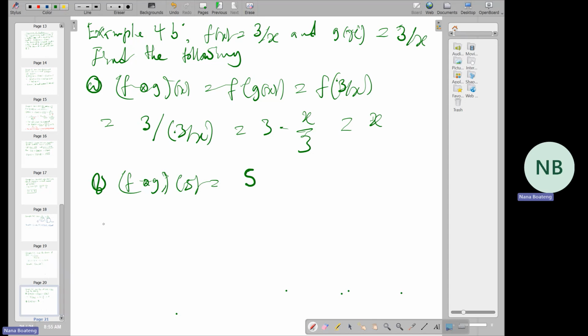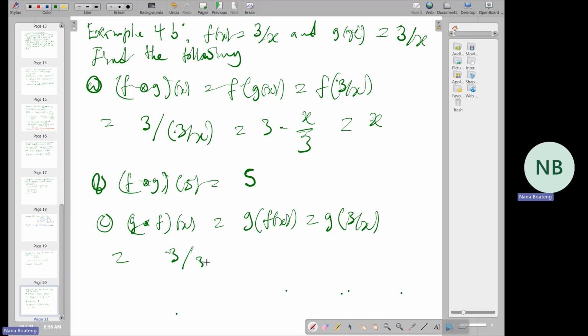And if we do the other way around, let's find g of f of x. So this is g of 3 divided by x, which is equal to 3 divided by 3 over x, which is 3 times x divided by 3, which also gives x.